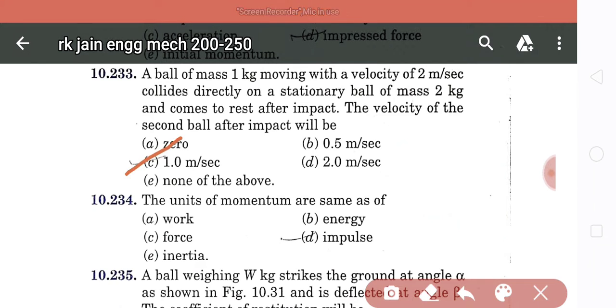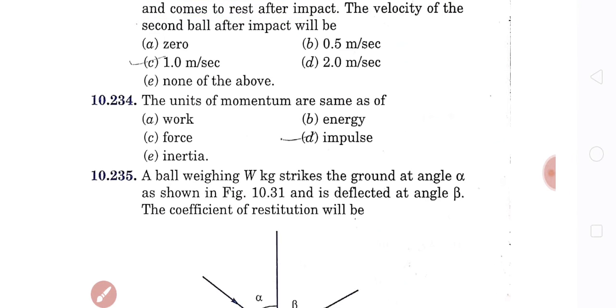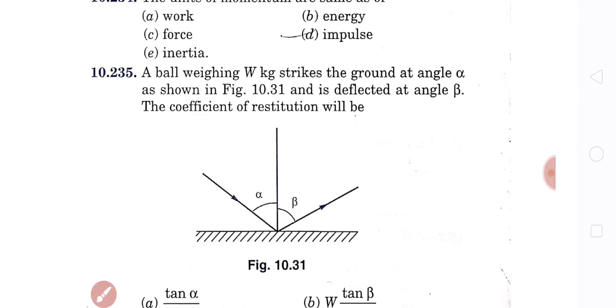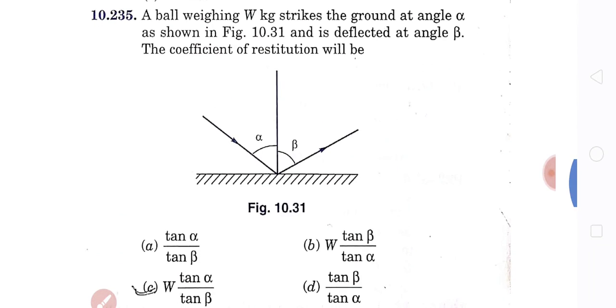1 meter per second. Next, the unit of momentum is the same as that of impulse. Next, a ball weighing W kg strikes the ground at angle alpha as shown in figure 10.31 and is deflected at angle beta.